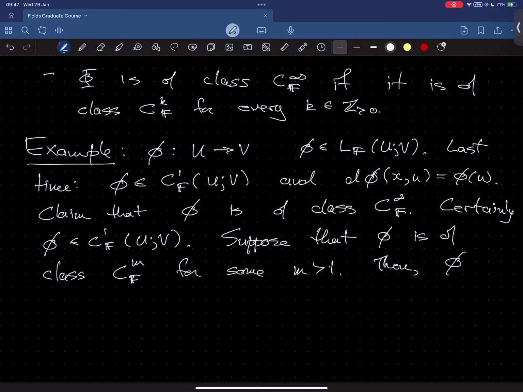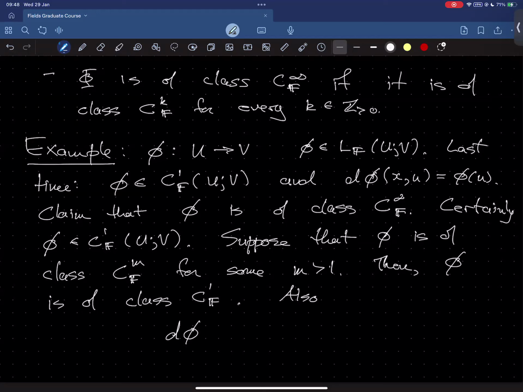So if I want to show that it's of class C^(m+1), I have to do two things. I have to show that phi is of class C^1. That's clear. And then I need to show that its derivative, its differential d phi, is of class C^m.